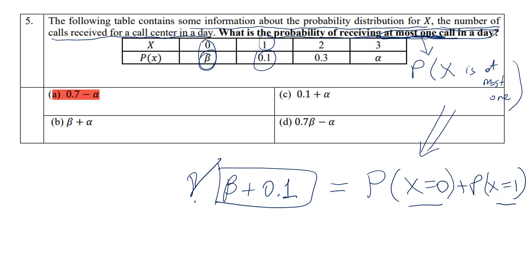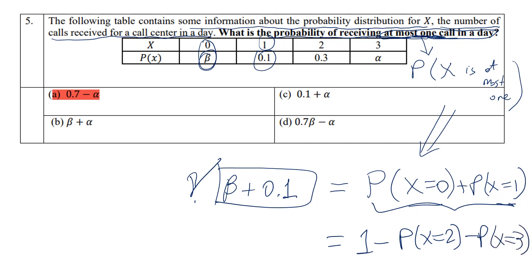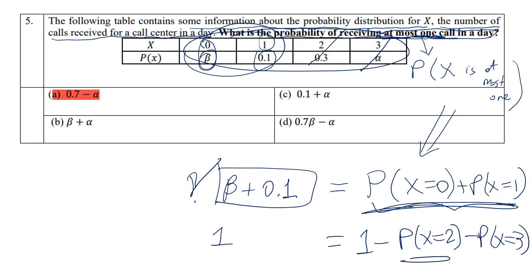Another way to find this one is just to subtract the probability of X equal to 2 and 3 from 1, because we know all of them will make 1. So you can subtract these two and you will get this part. So it will be 1 minus the probability of 2, which is 0.3, and the probability of 3 is equal to alpha, so it will be minus alpha.